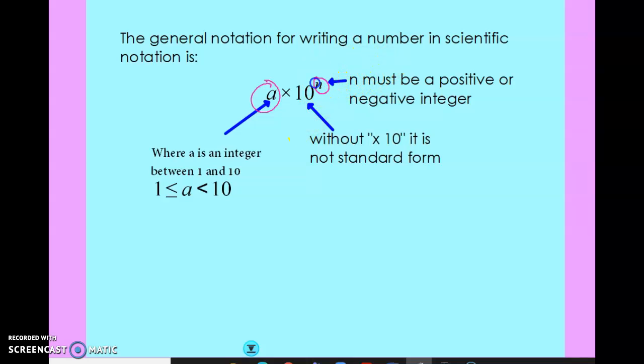If this number here is positive, it's a big number. If it's negative, it's a small number. The only other thing we need to remember is this number at the beginning must be between 1 and 10. So it can be 1, but it can't be 10. It needs to be a single digit. So we can go up to 9.99999, but there needs to be a single digit before the point. Otherwise, you could take another multiple of 10 away.